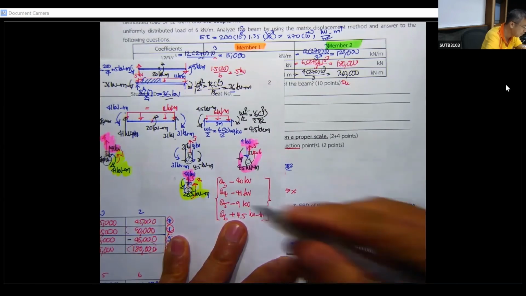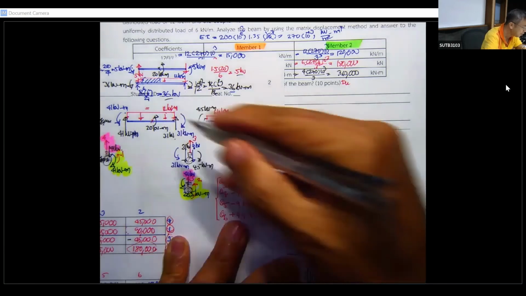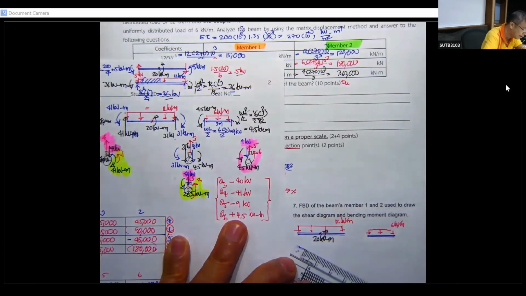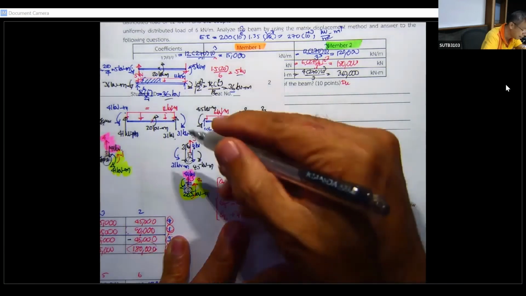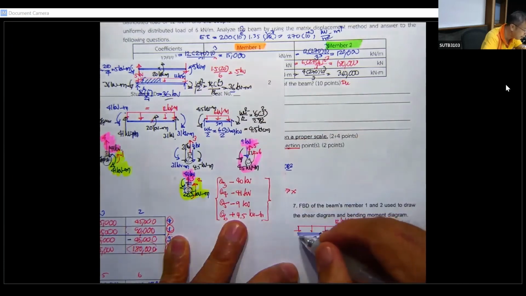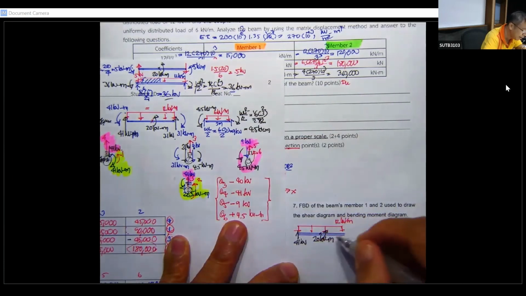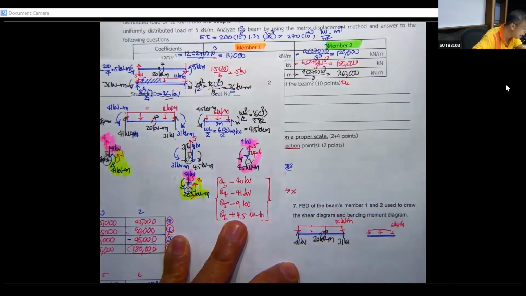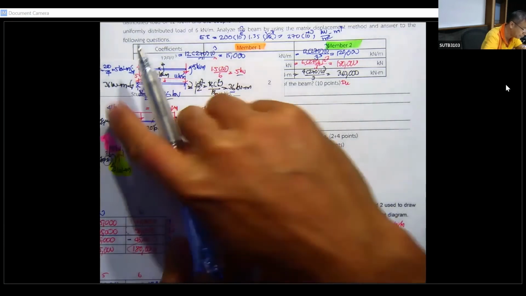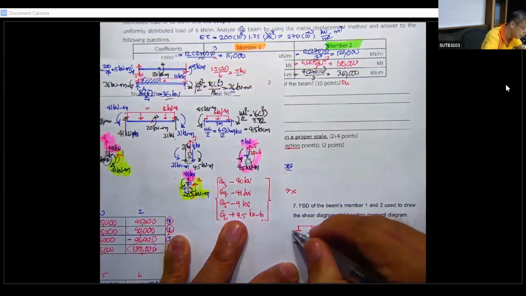Copy everything. Here you have this one, 41 kilonewton, this one 31 kilonewton, and 41 kilonewton meter.